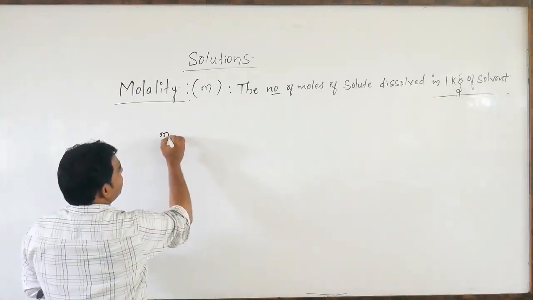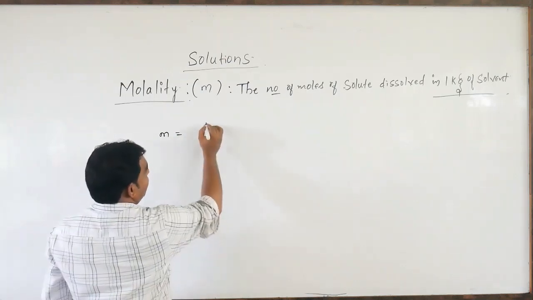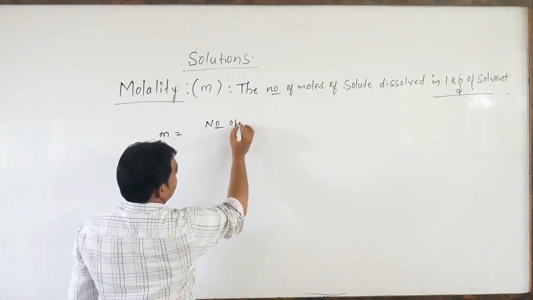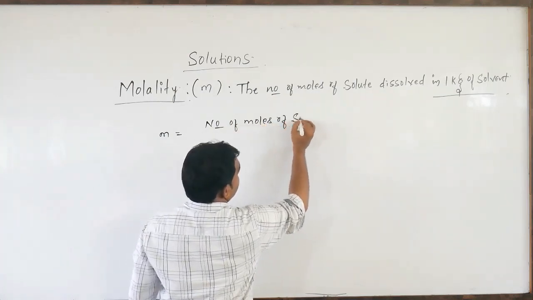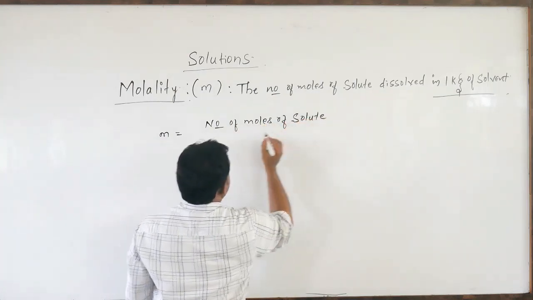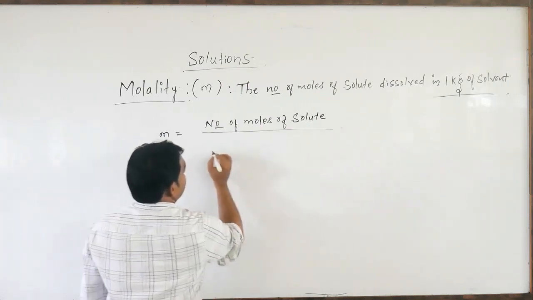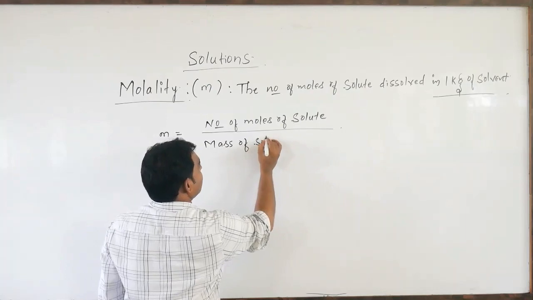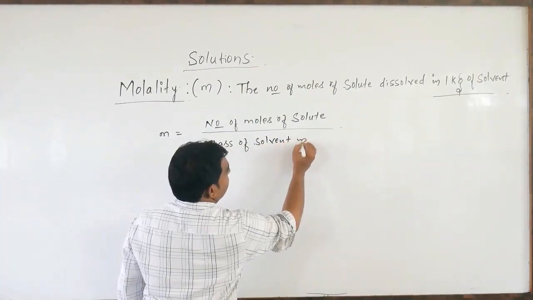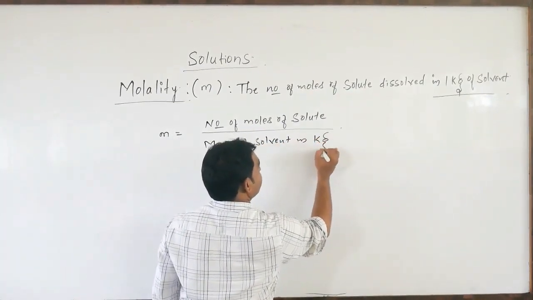Molality m is equal to the number of moles of solute dissolved or present in the mass of solvent in kg.